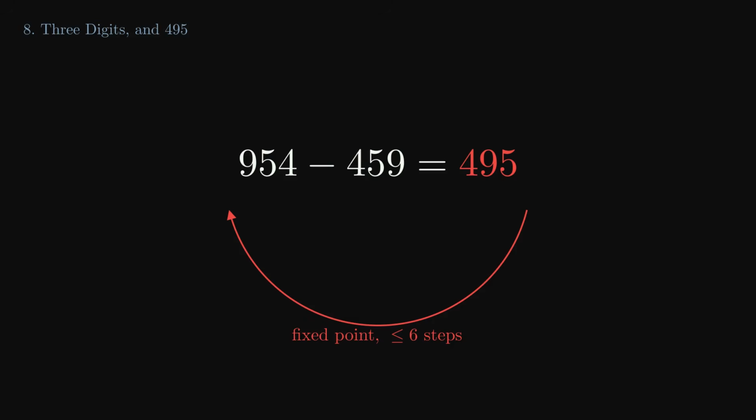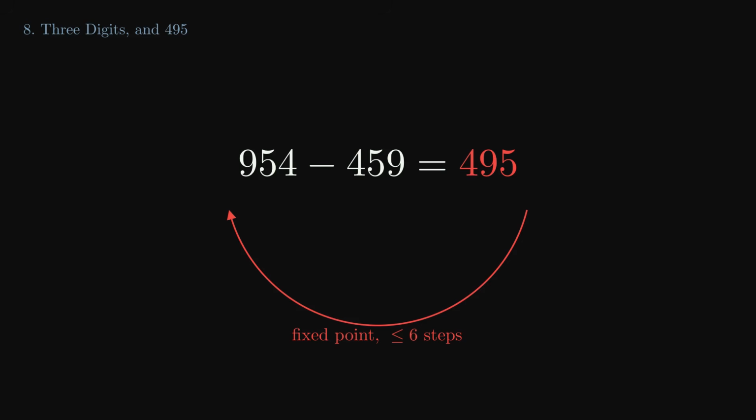Check that 495 is its fixed point, descending 954, ascending 459, and 954 minus 459 is 495, itself again. And just like the 4-digit case, every valid 3-digit number reaches it fast, this time in at most 6 steps. So the phenomenon is real for 3 digits too. But the magic number is completely different.